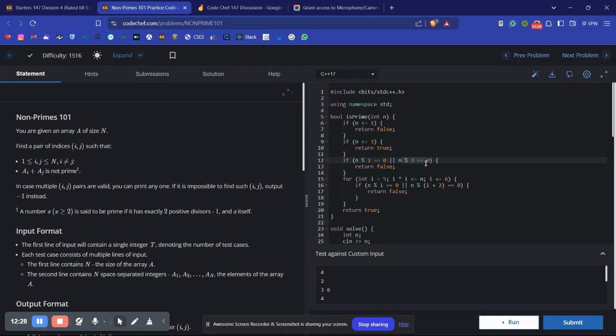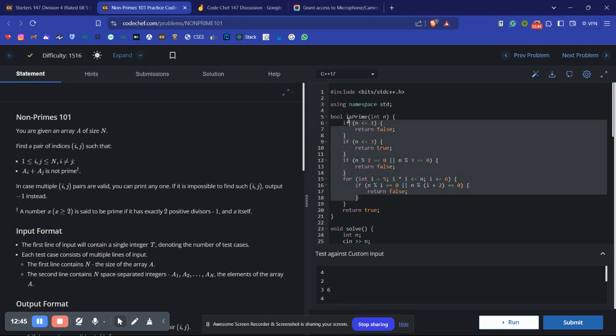After that, we iterate from the fifth value to the root of the given number, as we know that the factors repeat themselves, and it optimizes our solution from O(n) to O(root n) for finding out the prime number.